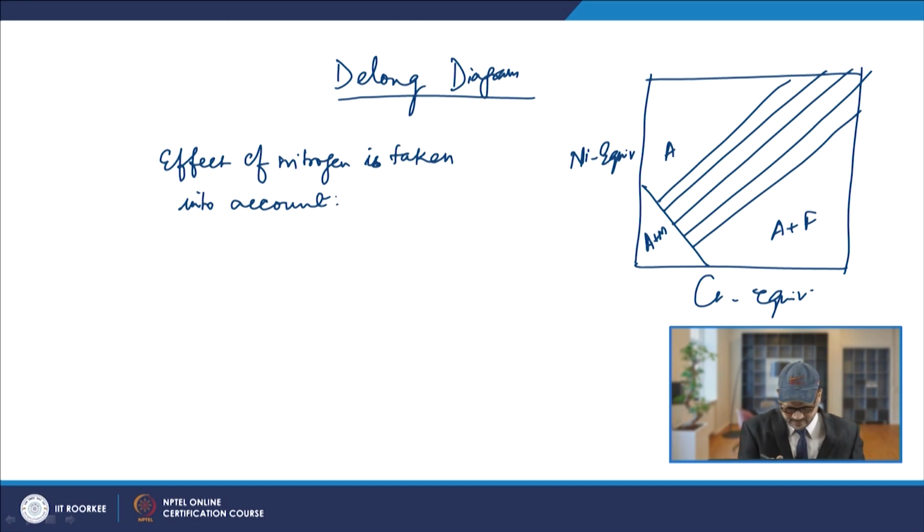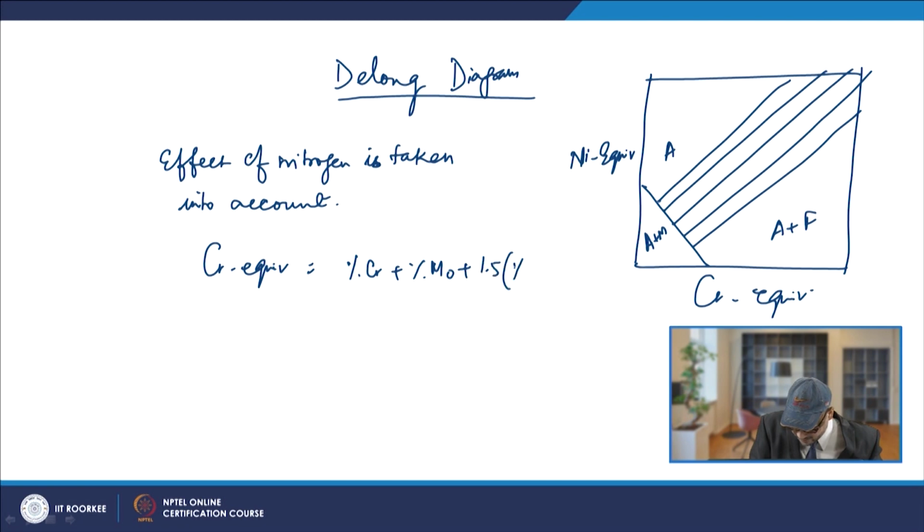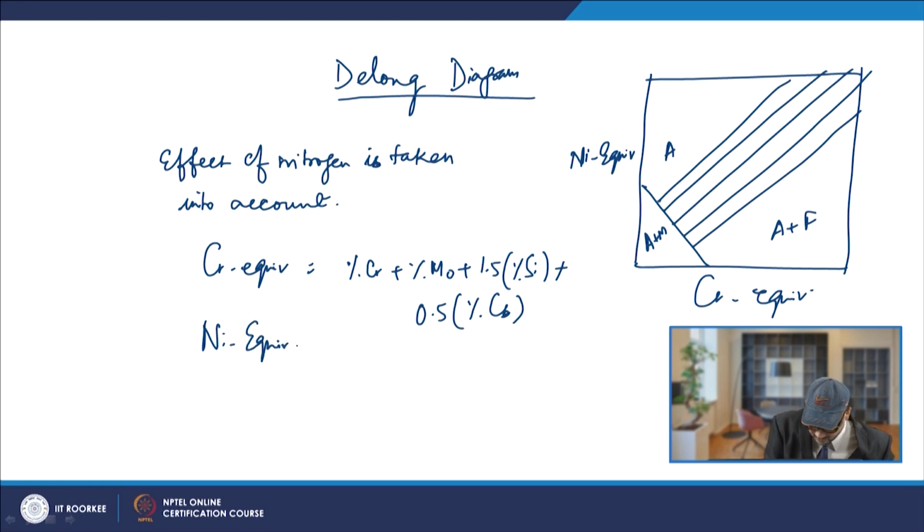And again in this case, if you try to find the chrome equivalent, it will be percentage chromium plus percentage molybdenum plus 1.5 times percentage silicon plus 0.5 times percentage columbium. And for the nickel equivalent, you will have the nitrogen term coming into the picture.